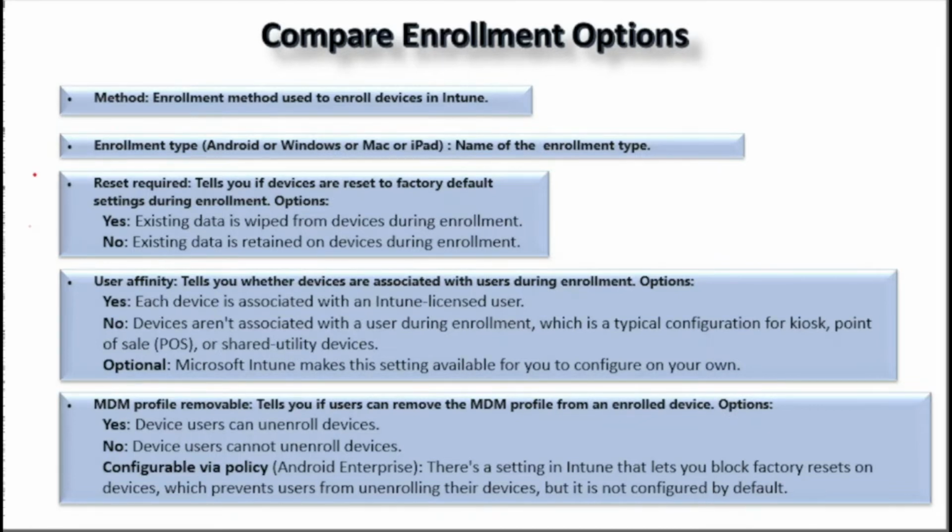While selecting the enrollment option, we can consider these parameters like reset is required to enroll a device, what is the impact of user affinity, whether devices are associated with user during enrollment or not, what is the impact of MDM profile removal part, whether user can remove the MDM profile from an enrolled device or not. Based on the answers of these 3 questions, we can easily find the suitable enrollment option.